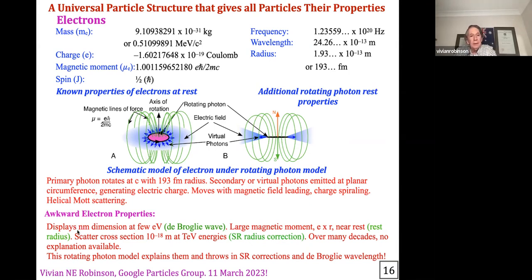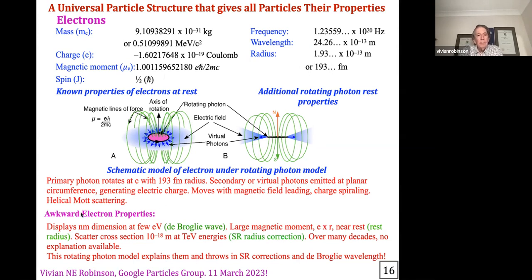The first, of course, is that they display nanometer dimensions at a few eV. As shown earlier, this is just the de Broglie wavelength. Near rest mass, it's been known from other particles that magnetic moment is charge times radius. The magnetic moment, eħ over 2mc, suggests its radius is somewhere around this value.